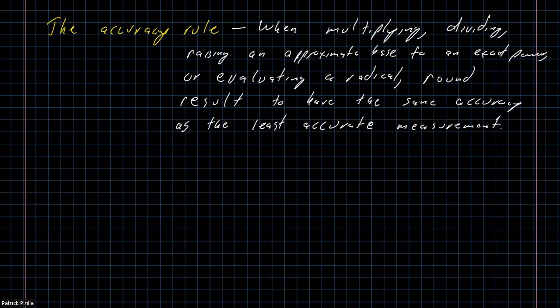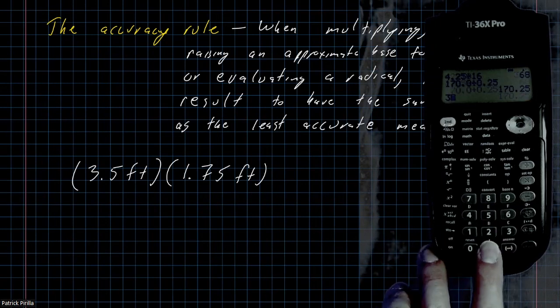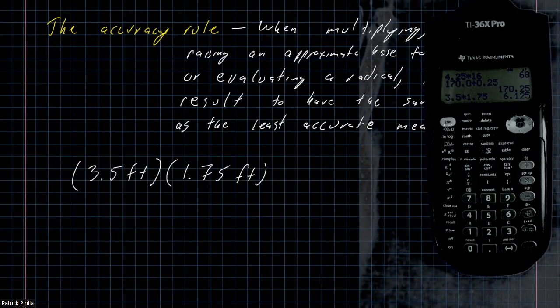So if I want to calculate an area, and the area is 3.5 feet by 1.75 feet, well, my calculator, as always, is happy to tell me that 3.5 times 1.75 is 6.125.